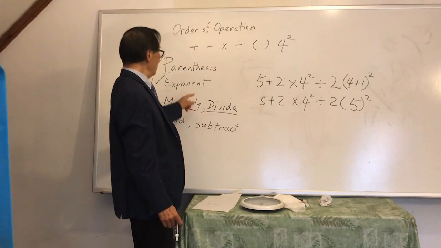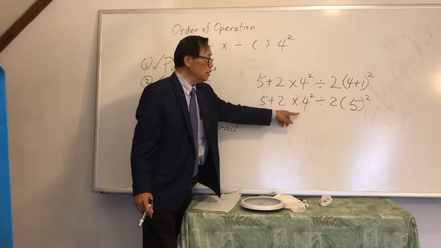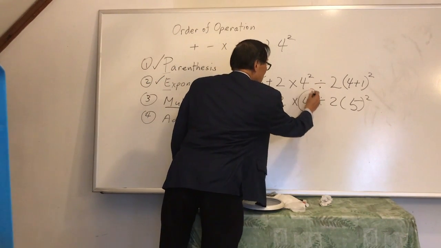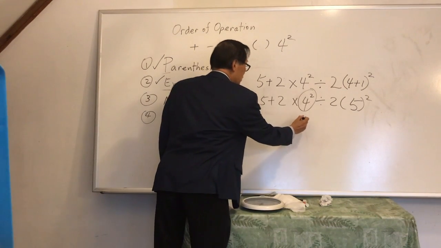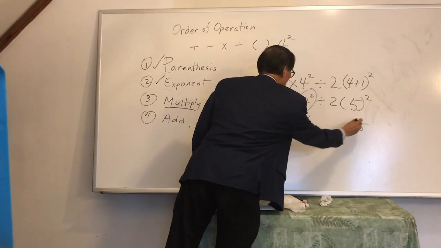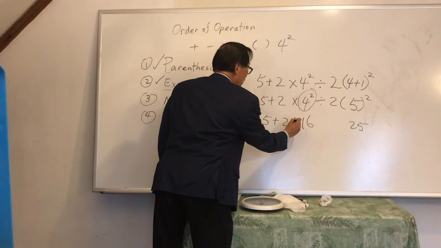Now we're doing what? Exponent. So you're not going to multiply, please. Don't multiply anything. Don't divide, because you have an exponent. What is 4 squared? It's 16. What is 5 squared? 25. So you keep writing down what you have left over.